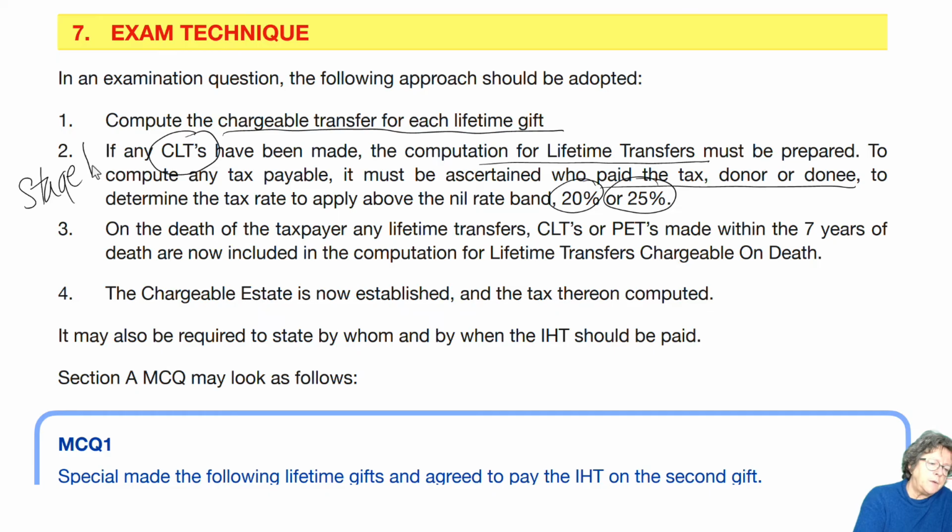That's stage 1. On the death of the individual, you need to work out how many of those lifetime gifts are now chargeable. Do that 7-year drawing that I did and rework the tax on those. And then stage 3 is to work out what happens with the estate.